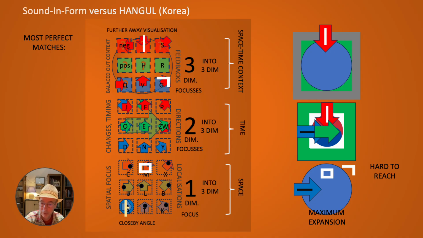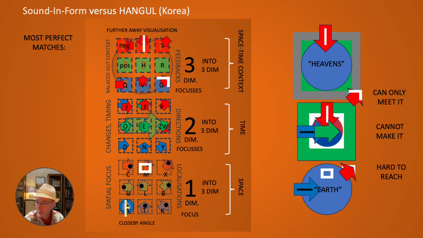You can't, all the things that are hard to reach from a physical viewpoint onwards. So from a physical viewpoint, you can't reach it. You can also not make it in the timing process, so you can only meet it on a contextual basis. So that's the G.